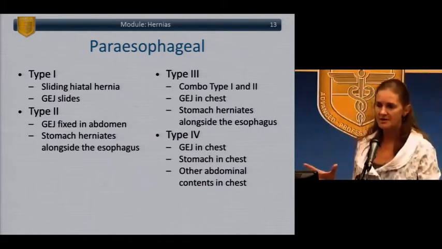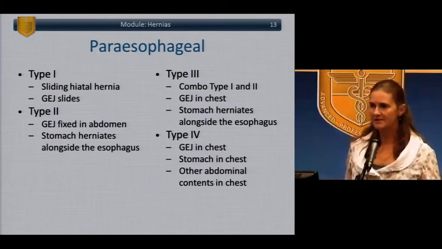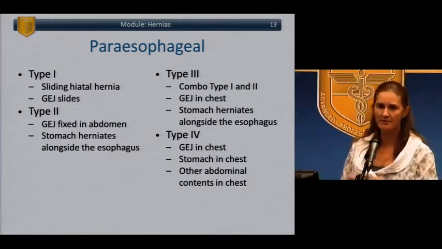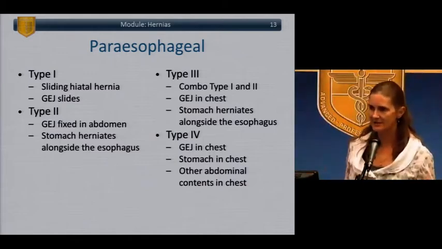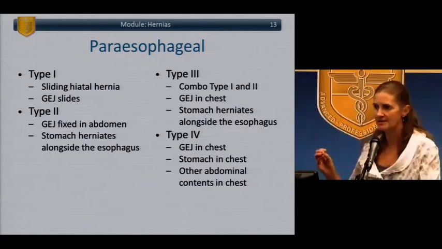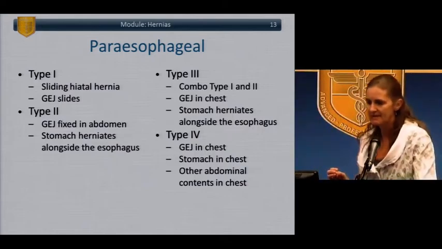That's the true paraesophageal hernia, but we've classified all these other esophageal hernias sort of using that as the reference point. So a type 1 is our garden variety sliding hiatal hernia. That's where the GE junction is bouncing up and down into the chest and then back down into the abdomen.